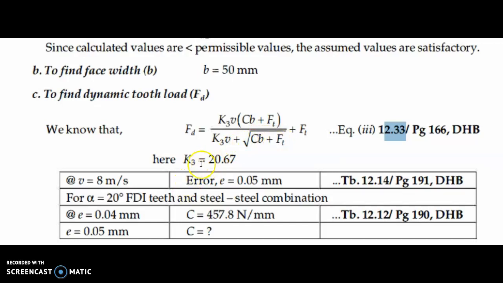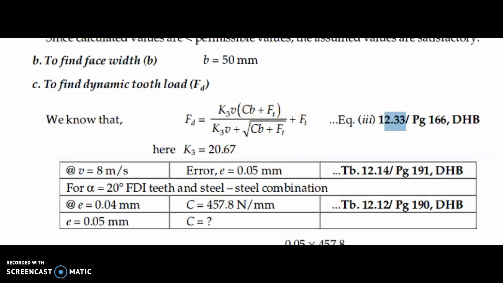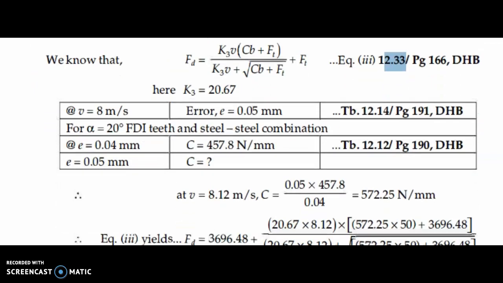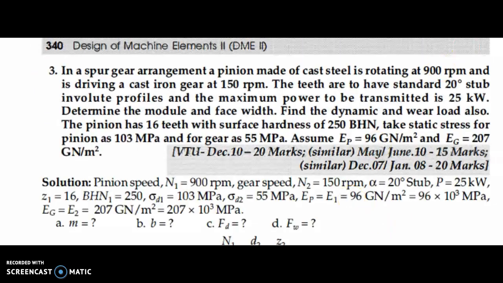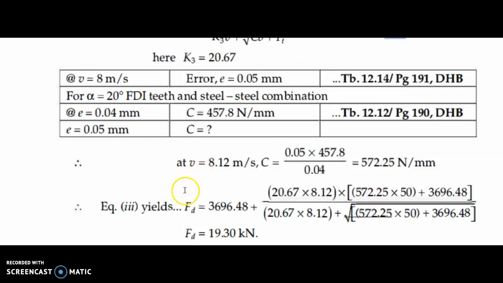The value of K3 is already given in the data book just below the equation, K3 is equal to 20.67, and all other values we can take directly from the data book. Using these equations you will get the value of Fd is equal to 19.30 kilonewton.